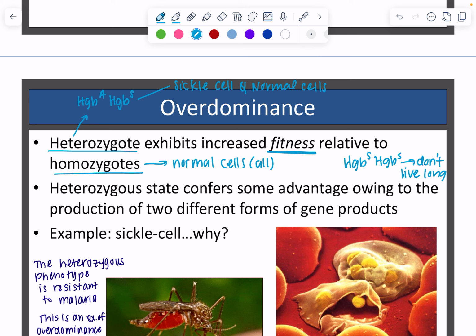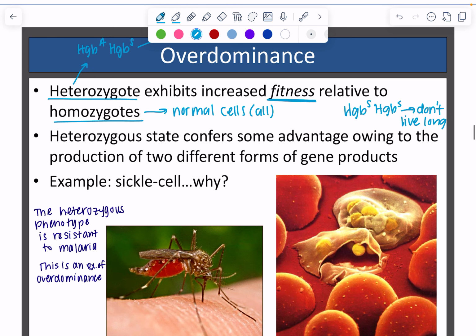They can, and we talk about that later in this slide, but for right now, just consider that they're not going to have a high chance of living without some help. But in these places where heterozygote sickle cell anemia was observed in the population, they also observed that those people were resistant to malaria.